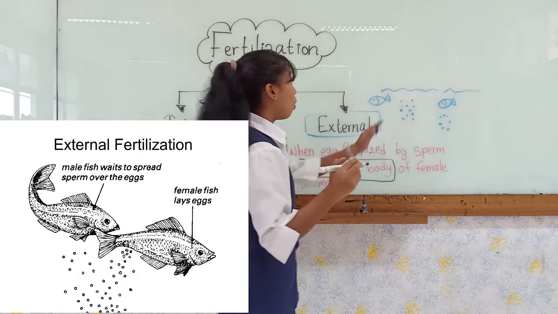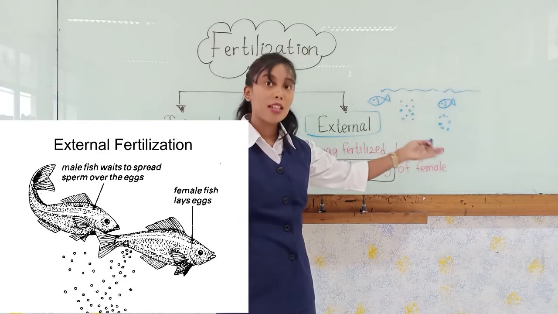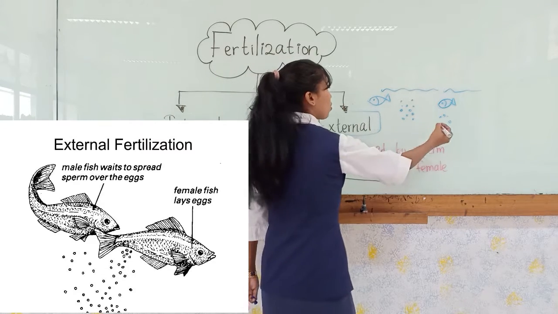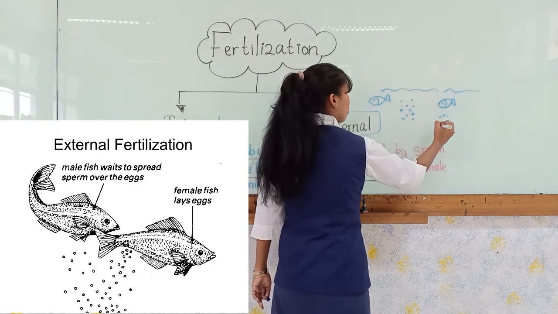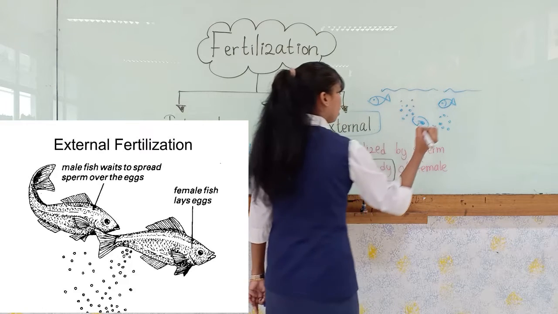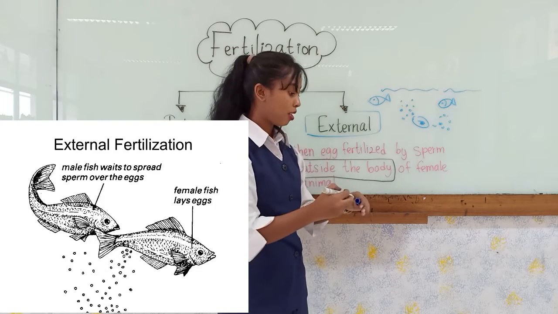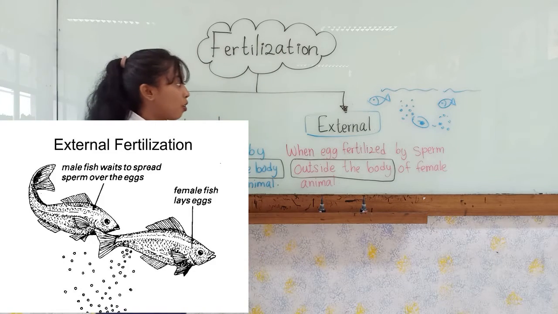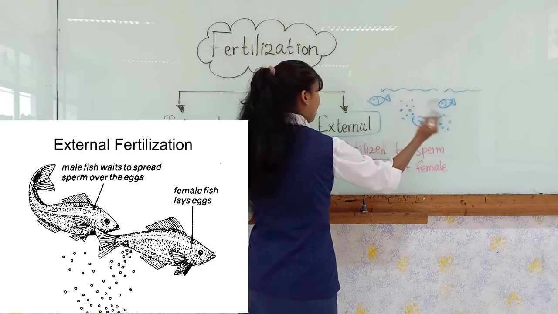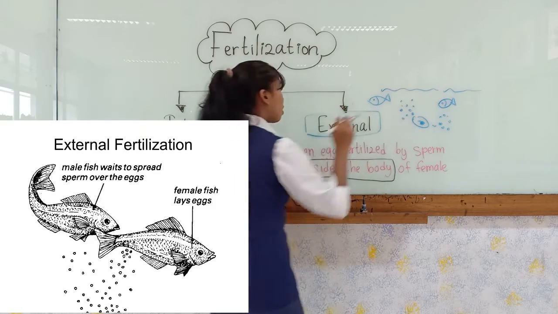So both the female and male sex cells are already outside the bodies of the two fishes. The sperm will come here and fuse with the egg outside the body of the female animal. We call this external fertilization. As you can see, these are the eggs and these are the sperm. The fertilization process happens outside of the body.